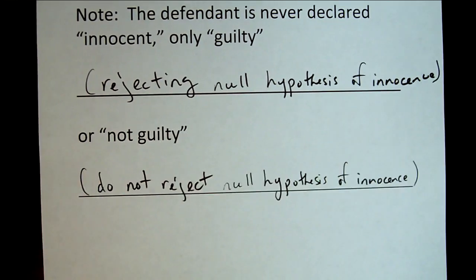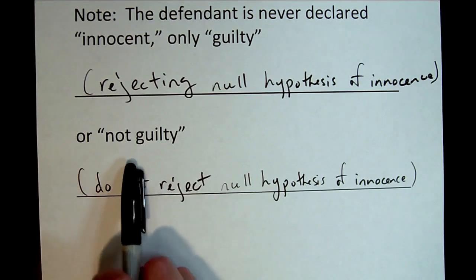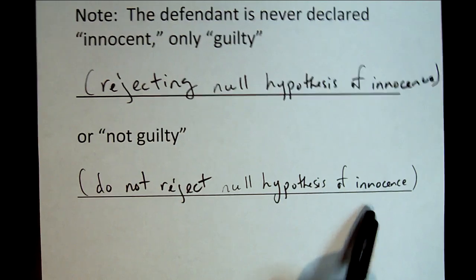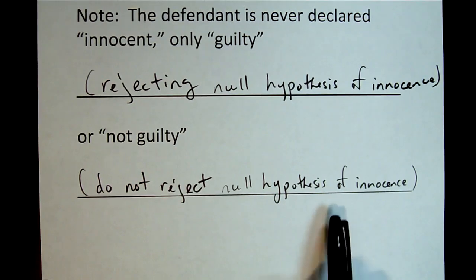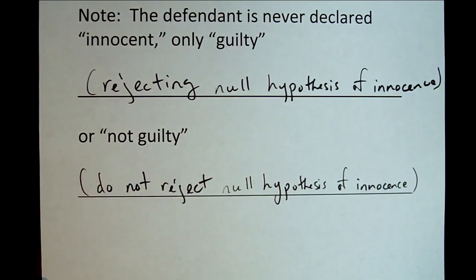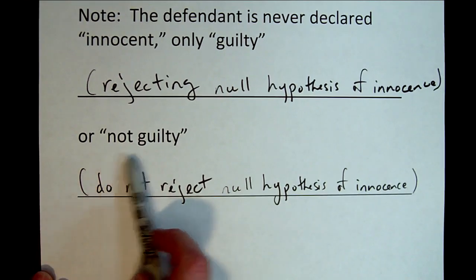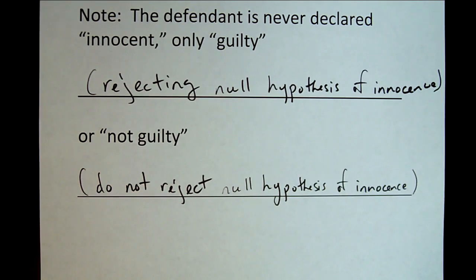That's what an ordinary person thinks of as not guilty. They think of that as innocent. There's a subtle difference in what's intended by the two wordings. Again, we don't say we can prove innocence. We simply do not reject the null hypothesis.